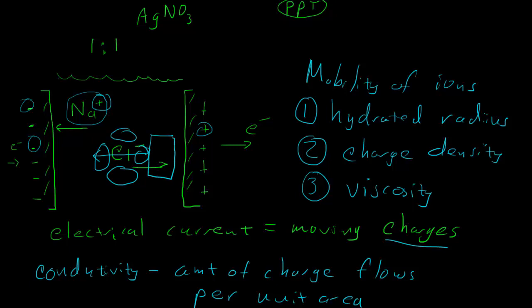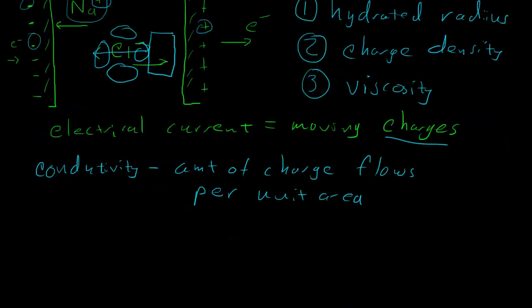The bigger we draw this square, the more ions are going to pass through there. So we want to relate it to how big our metal surfaces are. That's why it's per unit area: the amount of charge that flows per unit area in a given amount of time. Conductivity is related to that, and that's what we measure with our conductivity meters.